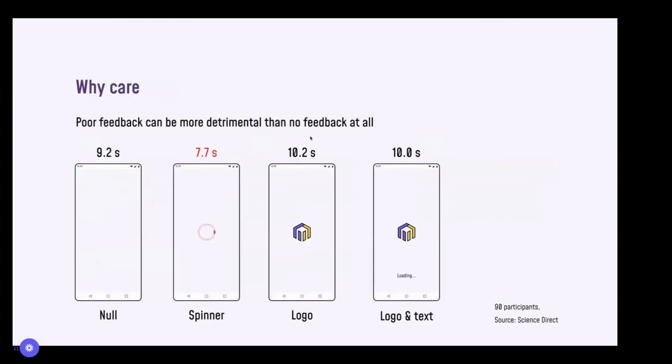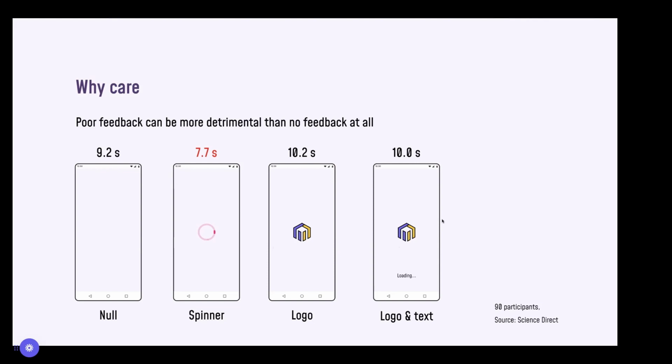And why care? Let's start with this one. Notifications are such a small part of a design system, and I thought you might not believe me, so I started with an example from a trustworthy source like Science Direct. They published a study. They asked 90 participants to say what would be the best and the worst experience from these 4 screens you are seeing right now.